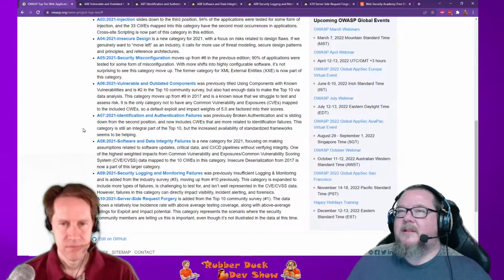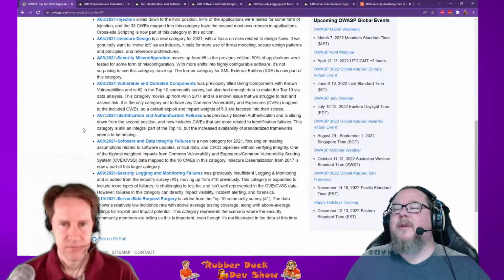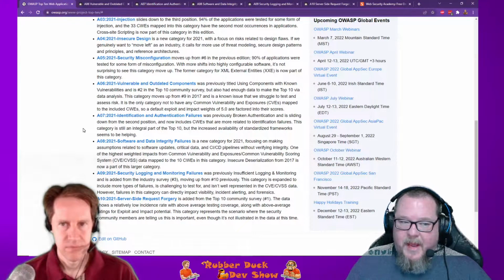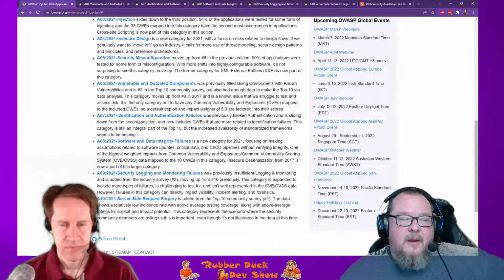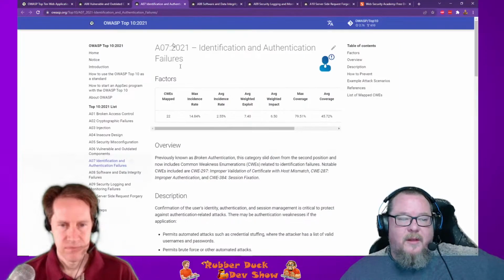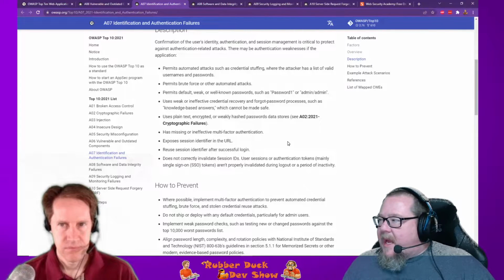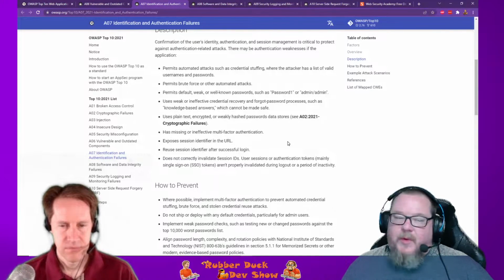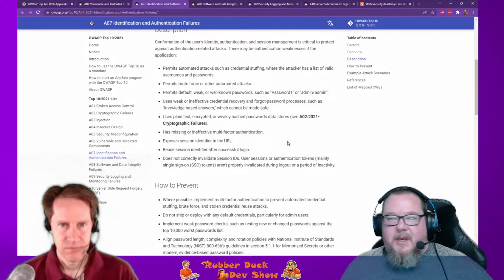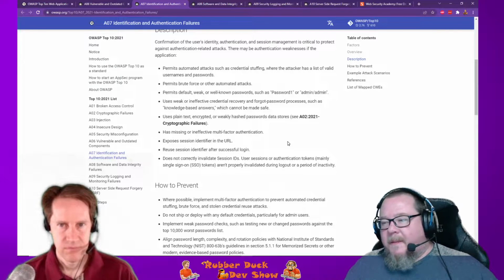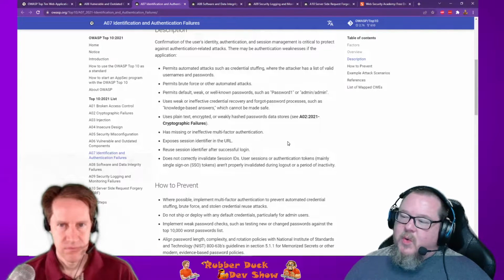This doesn't really deal with your authorization and authentication things in your web app like the other one did. I think they're talking about being able to directly access URLs that shouldn't be available, or allowing brute force attacks, or permitting weak passwords to be stored.